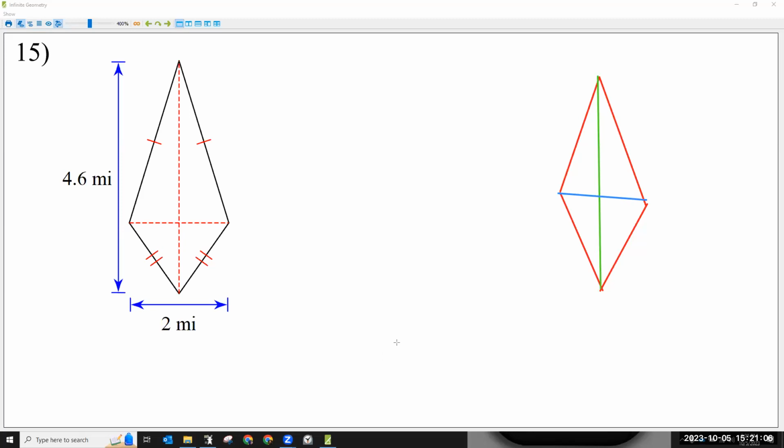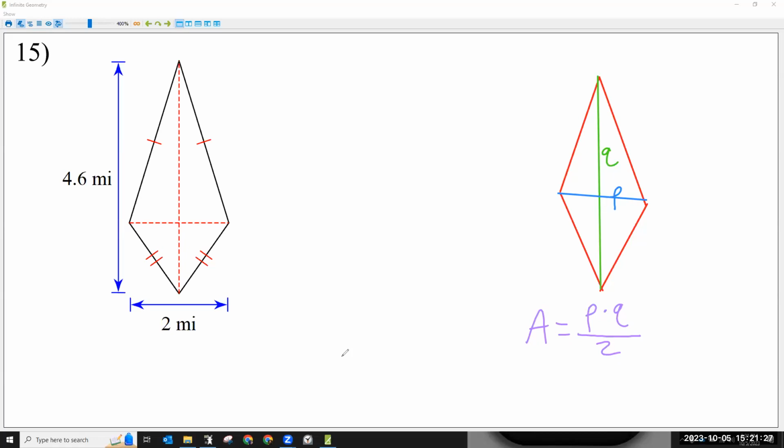This line, that little blue one, we call that P. That green line going across, we call that Q. And our area is going to be P times Q divided by 2. So very, very similar to triangles.